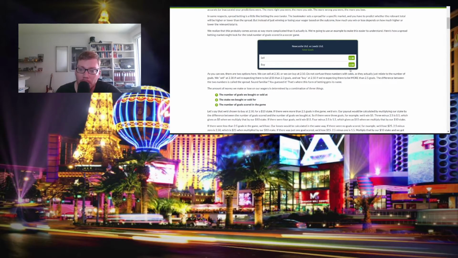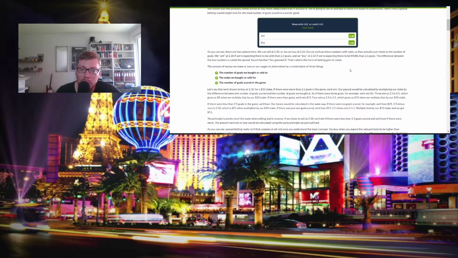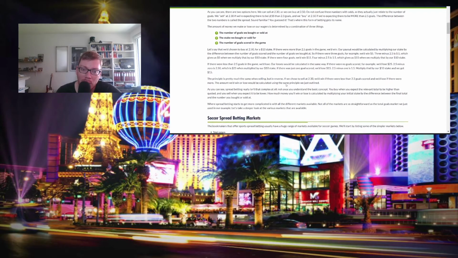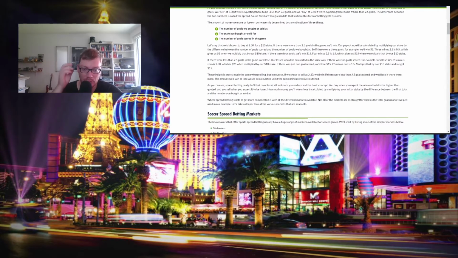So let's see this in more detail. The amount of money we make or lose on our wager is determined by a combination of 3 things: the number of goals we bought or sold at, the stake we bought or sold for, and the number of goals scored in the game. So let's say we'd chosen to buy at 2.50 for a $10 stake.